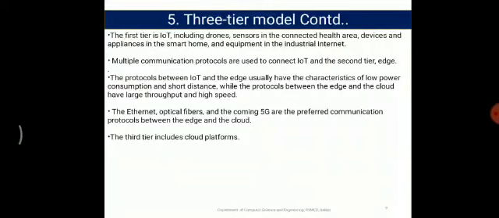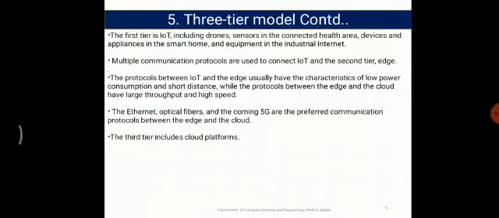Ethernet, optical fibers and the coming 5G are the communication protocols between the edge and the cloud. The last tier, cloud, consists of three platforms called Google Cloud, AWS and Microsoft Azure. The second tier edge and the cloud can be connected by Ethernet and optical fiber.